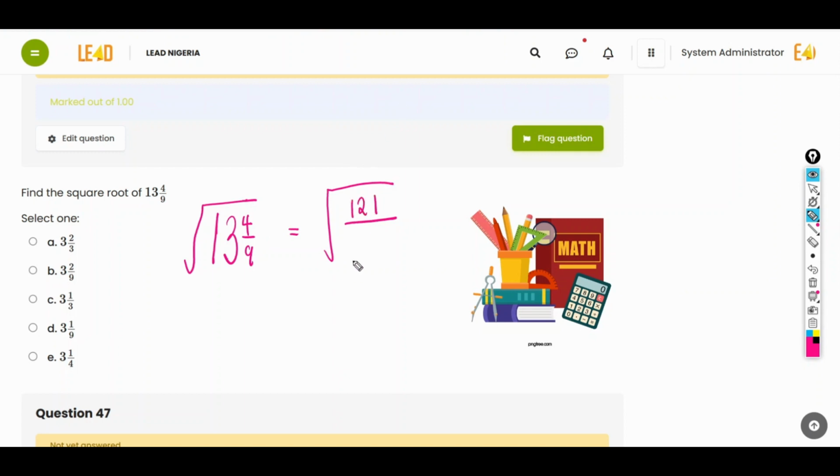121. All right, so the square root of 121/9 is the square root of 121 over the square root of 9. So we end up with 11/3, which can be written as 3 whole number 1/3.